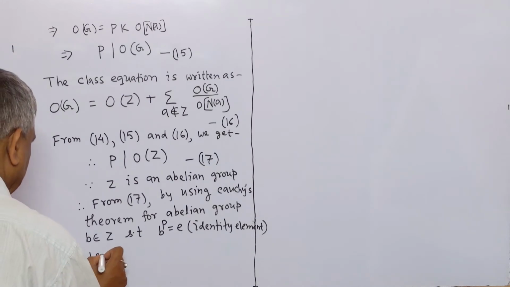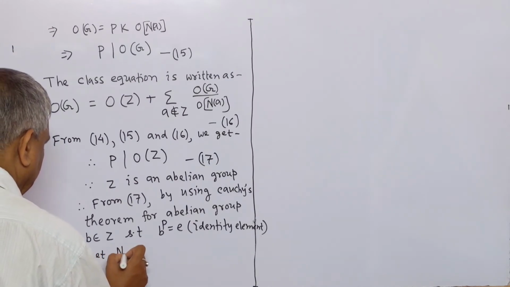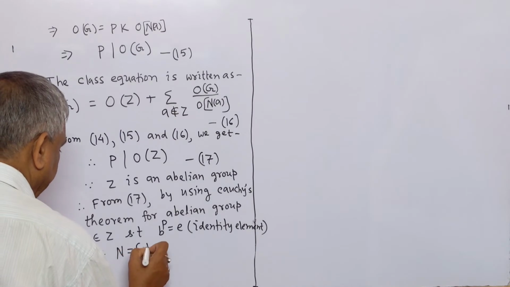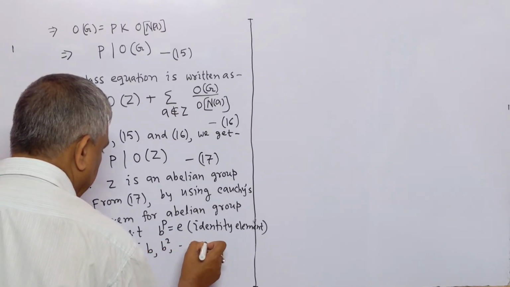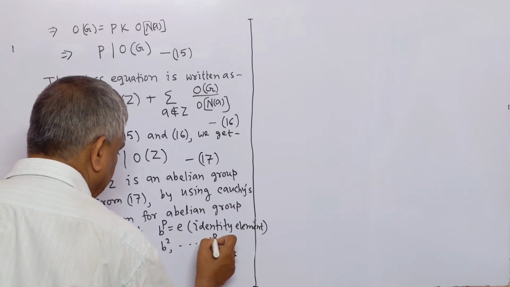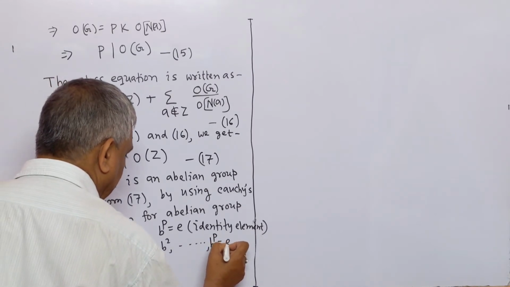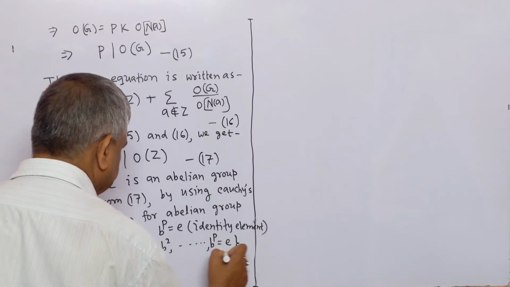Let N be a set containing elements B, B square, up to B to the power P equal to the identity element.